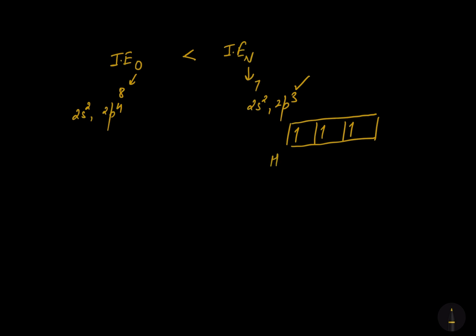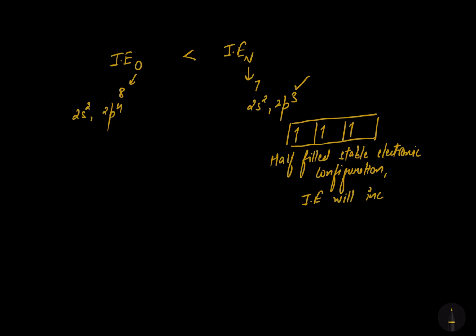This is a half filled stable electronic configuration, due to which what will happen? It's a stable one, so ionization energy will increase because of the stable half-filled electronic configuration.